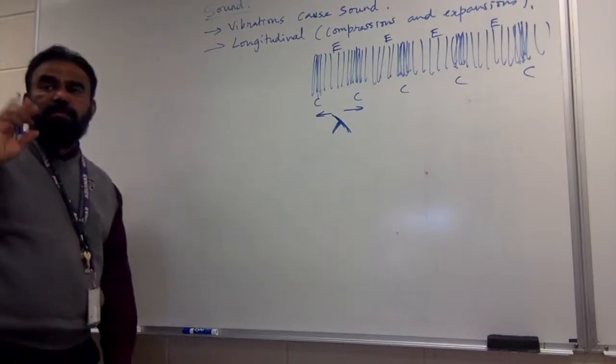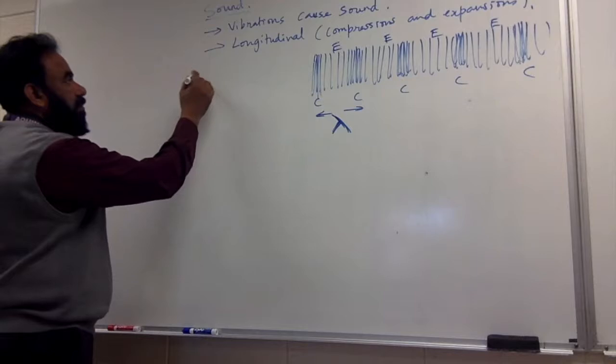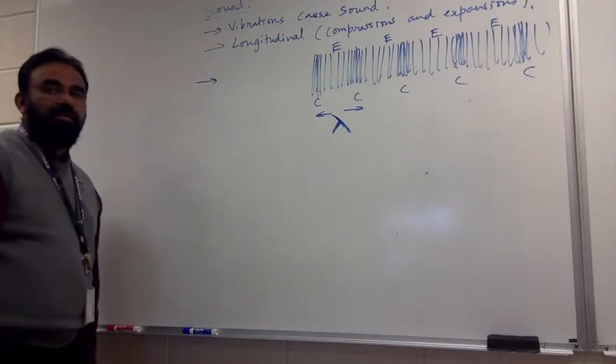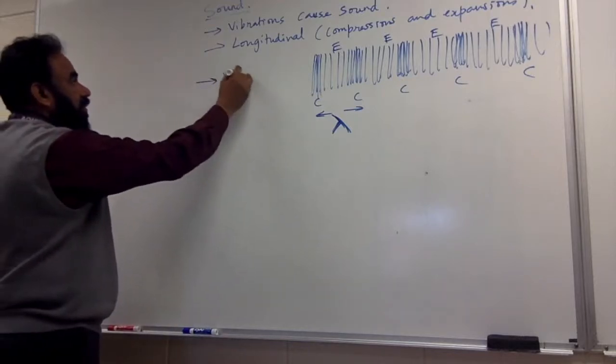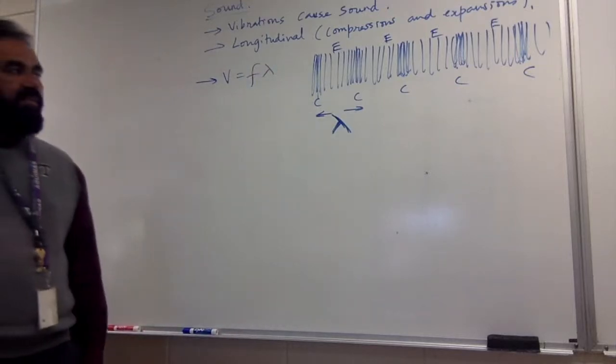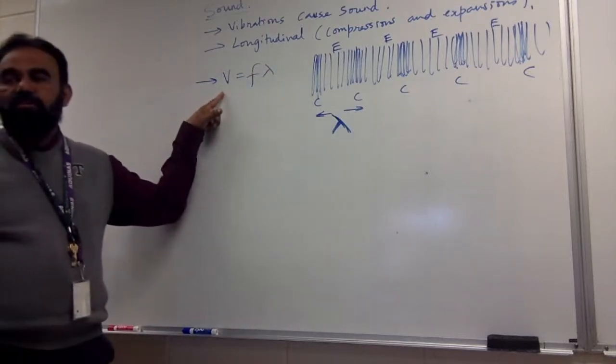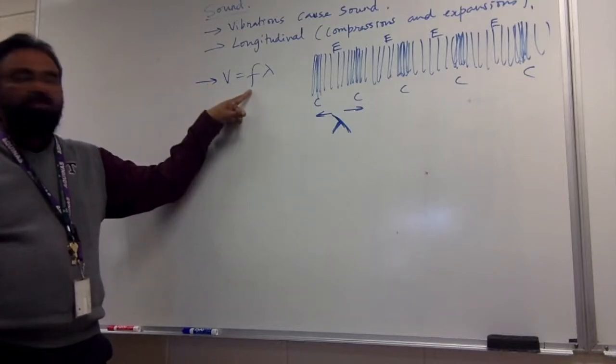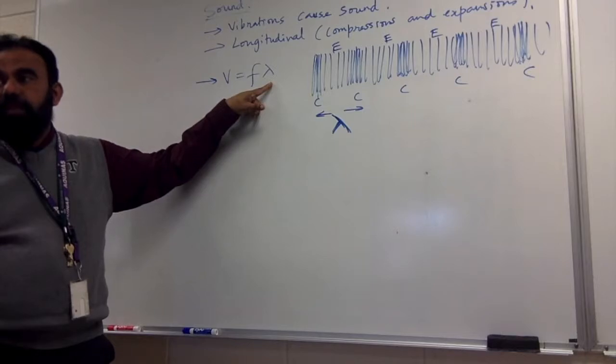So sound propagates by this method, and the equation that we use is velocity equals f lambda. The speed, how fast the sound waves go, depends on frequency and lambda.